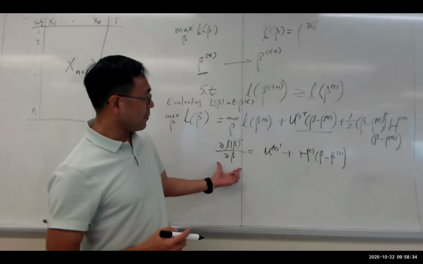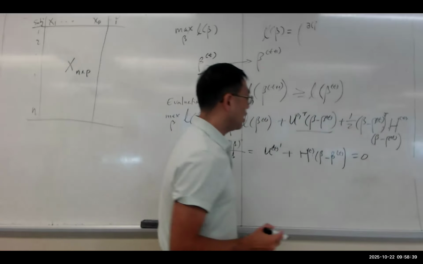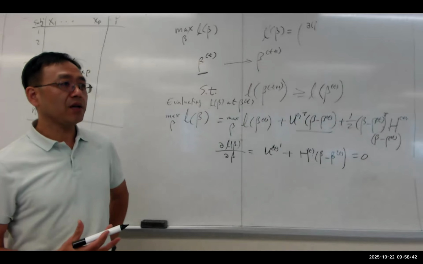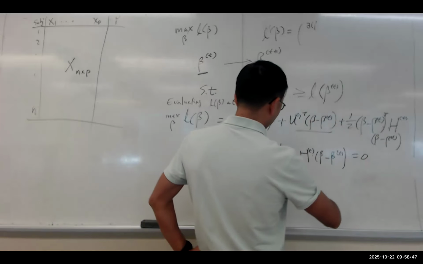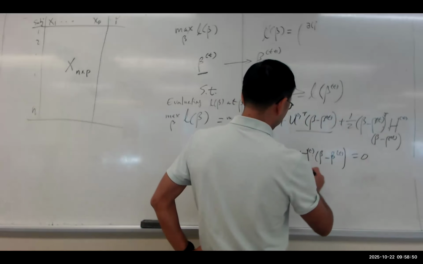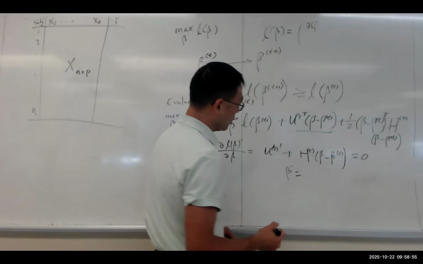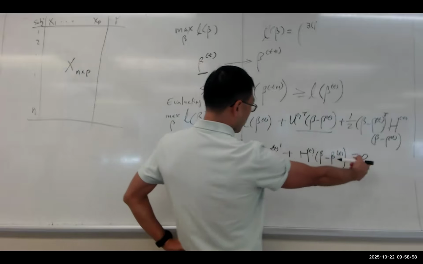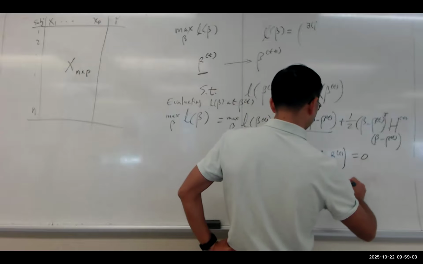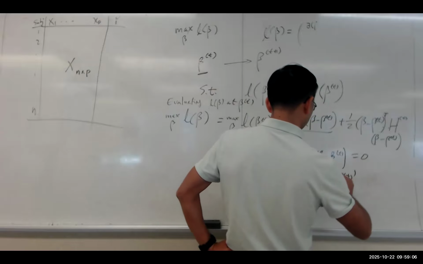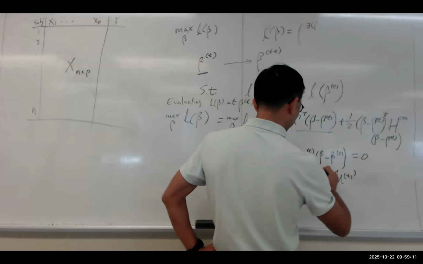So to maximize, you set the first order derivative equal to 0. Solving for beta, you move this to the right hand side, so this becomes negative U t prime. Then you take the inverse of H t and move beta t to the right, so beta equals beta t minus the inverse of H t times U t.